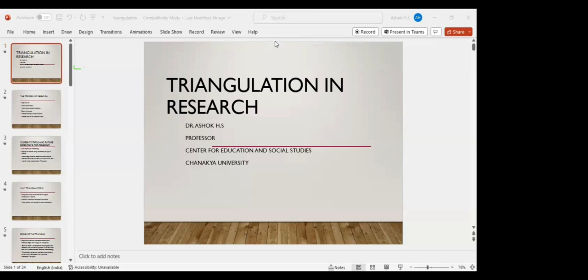Sir, very good evening, Professor Ashok, sir. It was a wonderful experience, and a very good learning experience for me especially. The session was very thought-provoking, opening up different dimensions of a mixed method of research, both qualitative and quantitative.